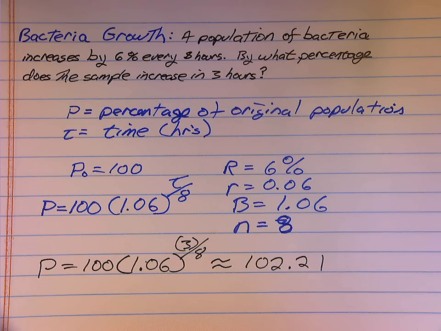When you plug that in the calculator, we end up with 102.21%, which means in that 3-hour period, I went from having 100% of the original population to 102.21%, or my population increased by 2.21% over that 3-hour period.